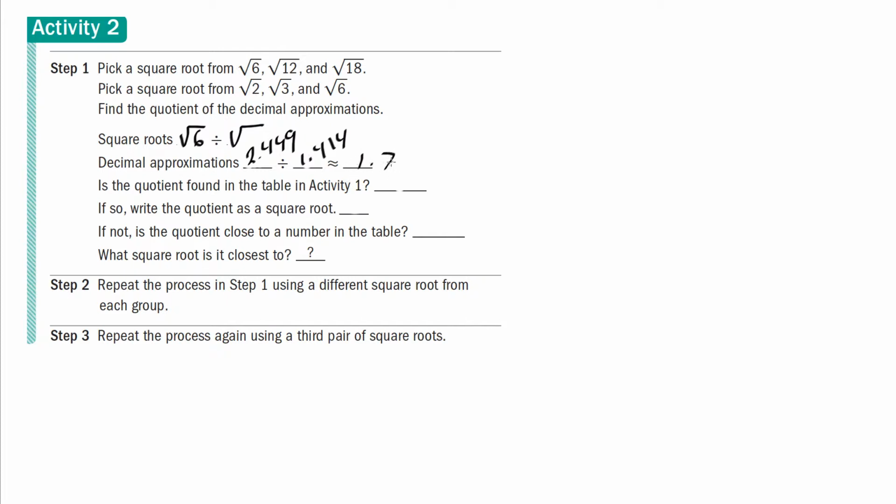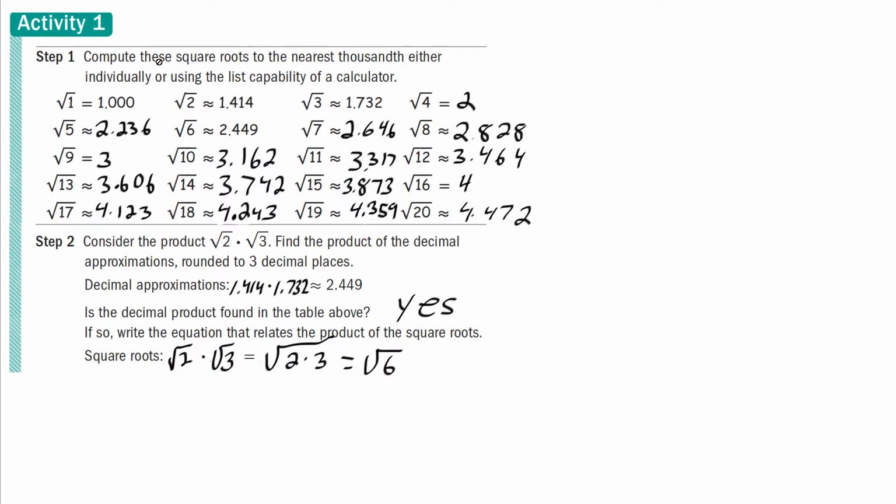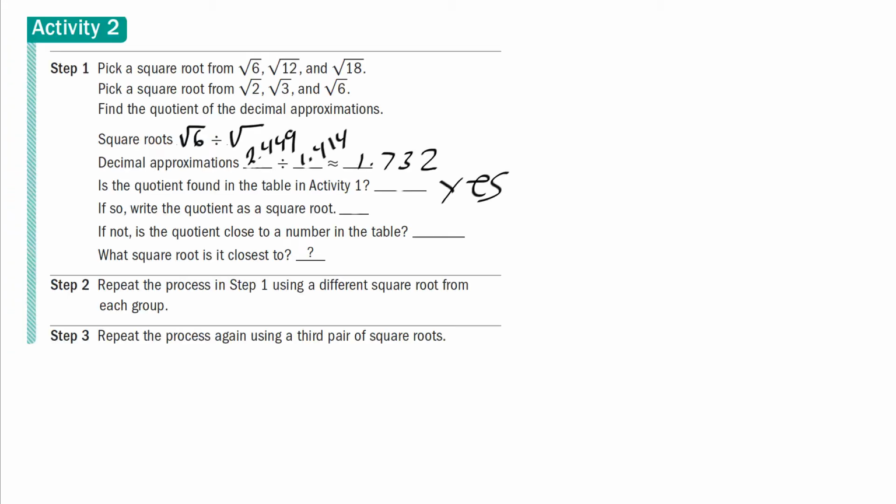Is this quotient found in the table in activity 1? The answer is yes, and if so, write this as a square root. So 1.732 is root 3, and that's the square root of 3.